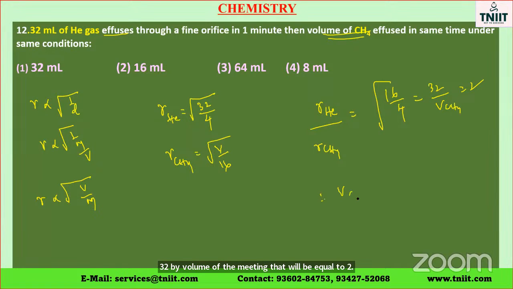Therefore, the volume of methane is 16 ml. Therefore, the answer for this question is option 2.